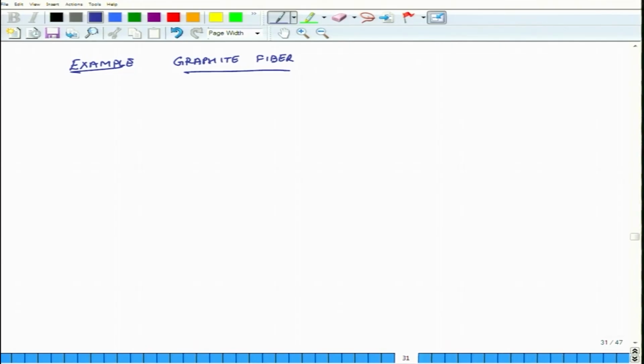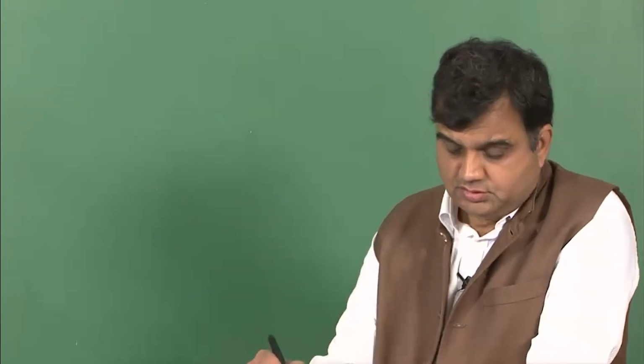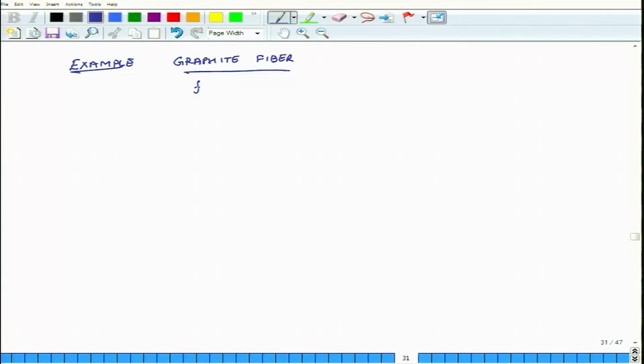So, what is its Kf? Graphite fiber itself is non-isotropic. Okay. So, it has one conductivity in the L direction, KFL is equal to 80 watts per meter per degree centigrade, and KF transverse is actually pretty less, it is 12.5.